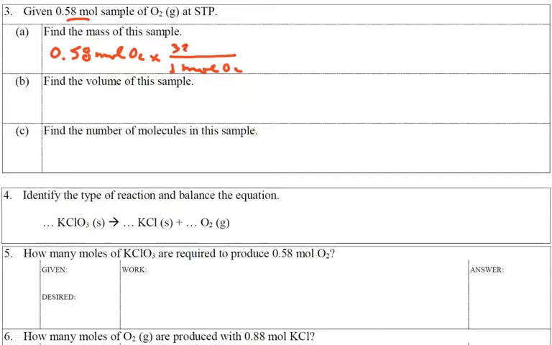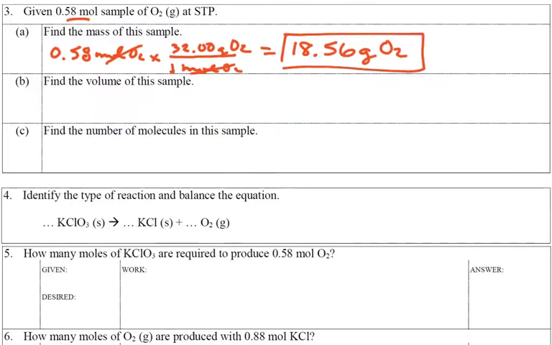We decided that was 32.00 grams of O2. So my moles drop out, and I have 0.58 times 32, which comes out to be 18.56. My moles dropped out. The only unit I have left is grams, or I could say grams of O2. And that's my first problem.